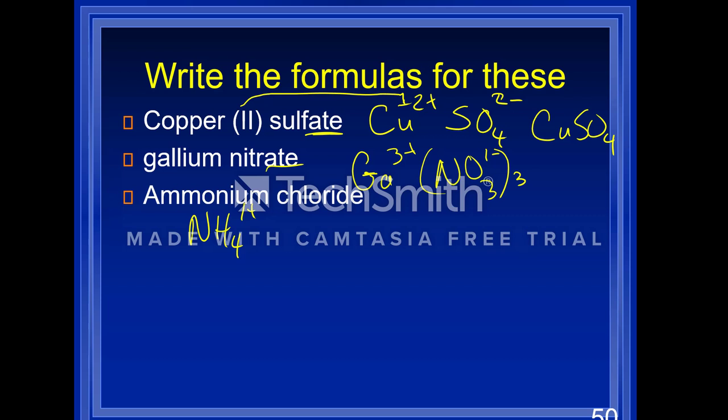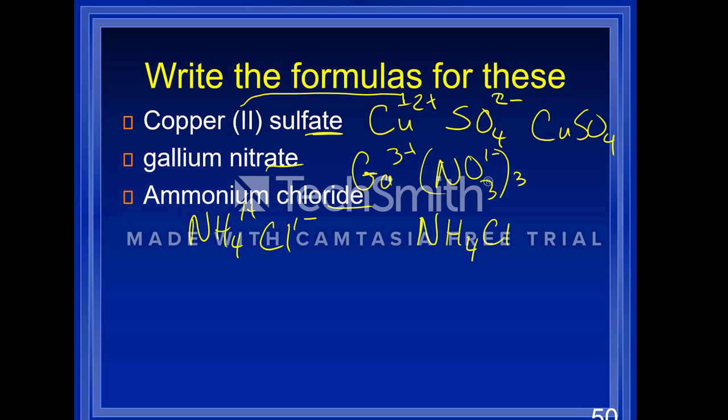Chloride, well, it's an IDE, so that means it must be off the periodic table. Cl is in group 7A. 7A makes a 1 minus charge. 1 plus and 1 minus, that equals 0? Yep. So it's just NH4Cl. That's all there is to it.